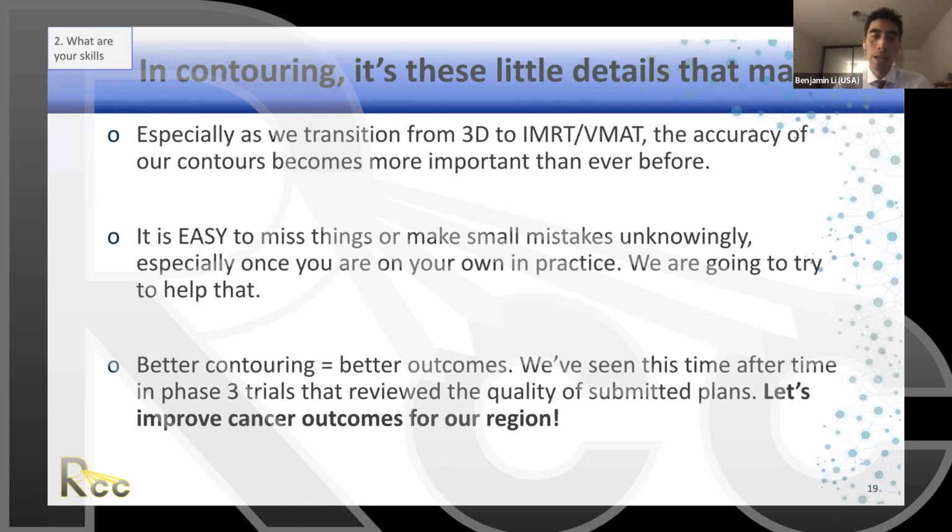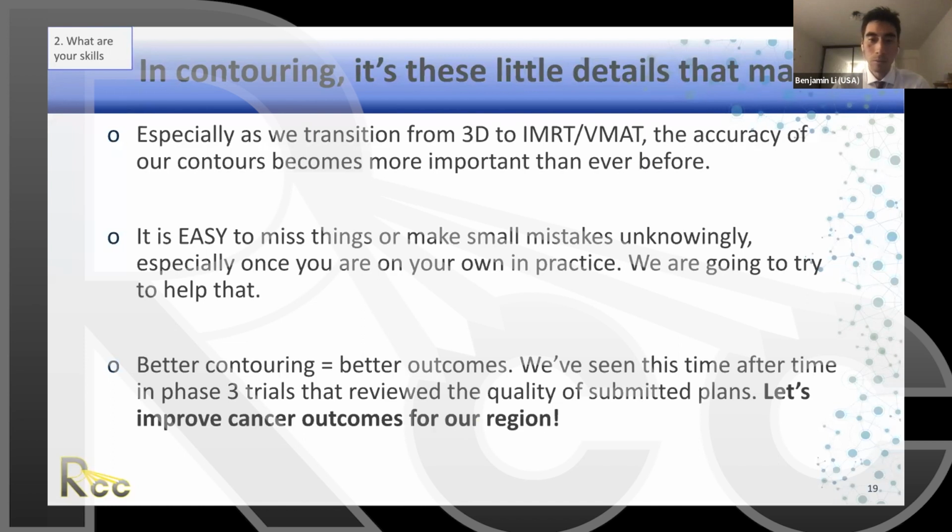So we're going to try to help you avoid small common mistakes. And we know that if you are able to achieve better contouring, you will achieve better outcomes for your patients. Treatments will be easier, will be more tolerable, likely with less toxicities, and patients can have better long-term results.